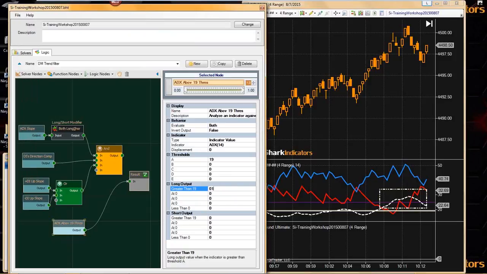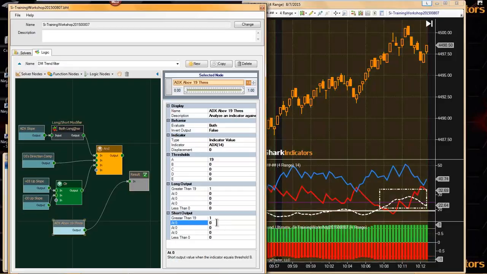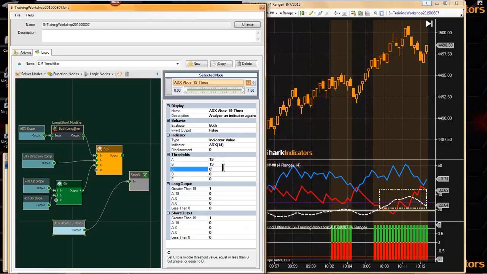ADX is selected, and so we want both. Remember, the ADX is non-directional, so when the ADX is above 19, we want both a long output and a short output because it's non-directional. And I'm going to put another 19 in here just to generate some additional filtering.